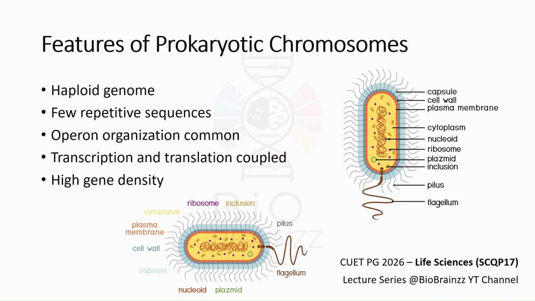You can relate these features to the diagrams shown on the screen, where the nucleoid region contains the circular chromosome along with plasmids and ribosomes distributed throughout the cytoplasm. So, remember, haploid genome, few repetitive sequences, operons common, coupled transcription and translation, and high gene density. These are classic exam-oriented points for prokaryotic chromosomes.